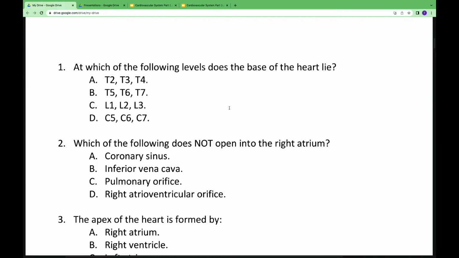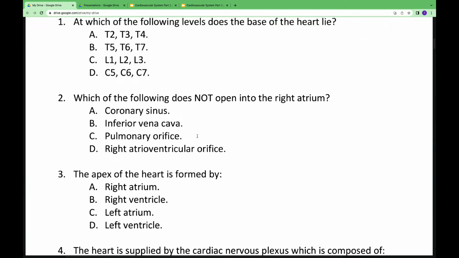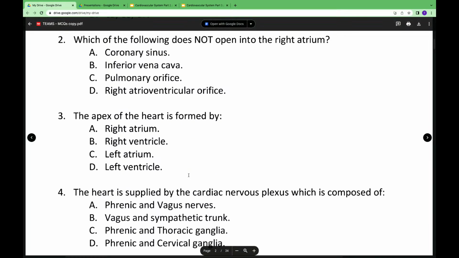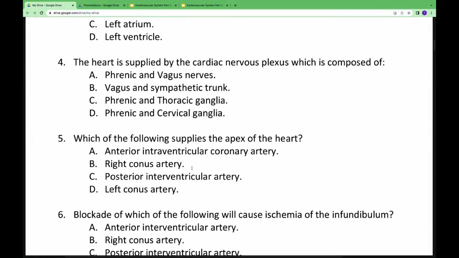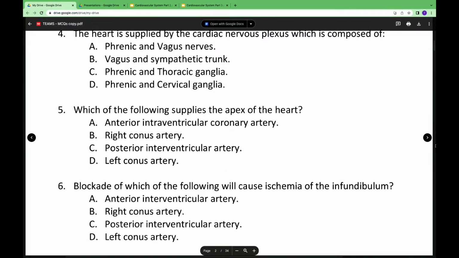Okay. Next one: the apex of the heart is formed by the right or left? Left. Okay, that's correct. Let me read the question, because we have online people here also, so they need to hear it.